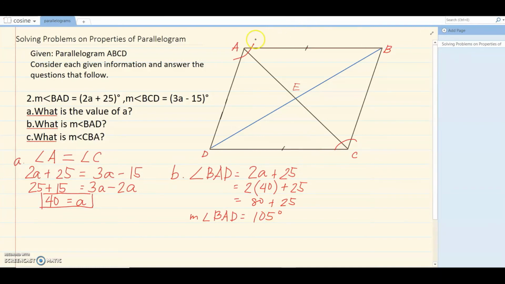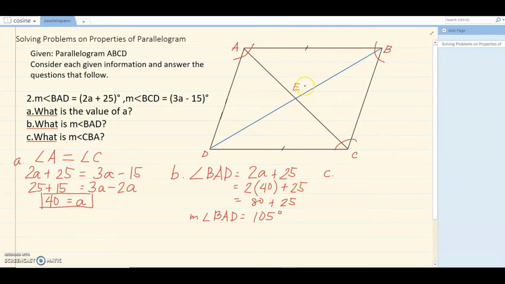So therefore, this angle BAD or angle A for that matter is already 105 degrees. Now what is the measure of angle CBA? Angle CBA, so for angle B, this angle. So for letter C, we know that angle A is already 105 degrees.